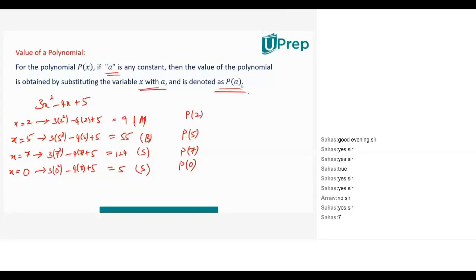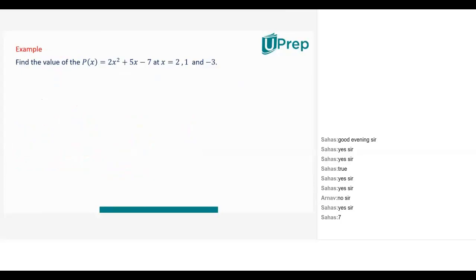Is that clear? So how do we get the value of a polynomial? We simply replace the variable with a given constant.